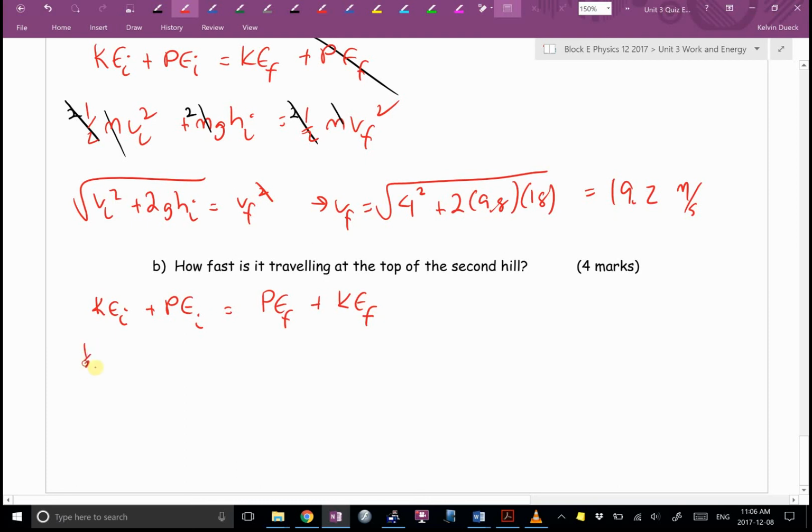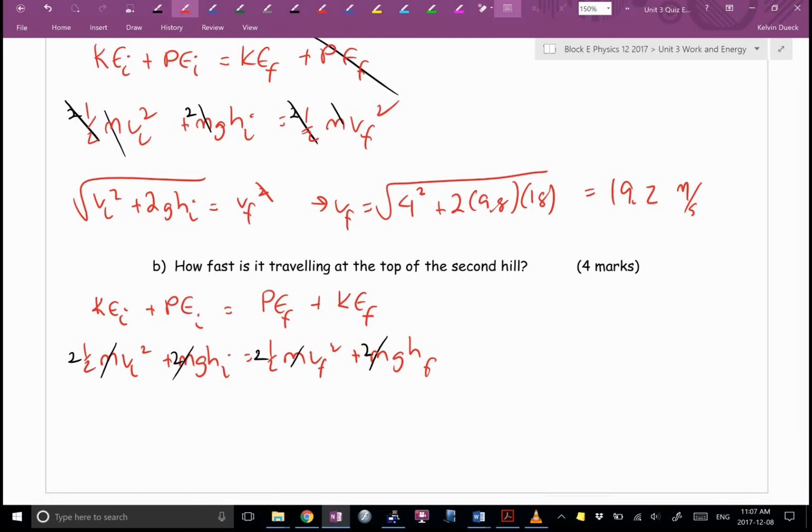I'm going to get a half mv initial squared plus mg h initial equals a half mv final squared plus mg h final. I mean, the m's cancel still. And I'd still go times by 2, times by 2, times by 2, times by 2. I'd still multiply everything by 2.